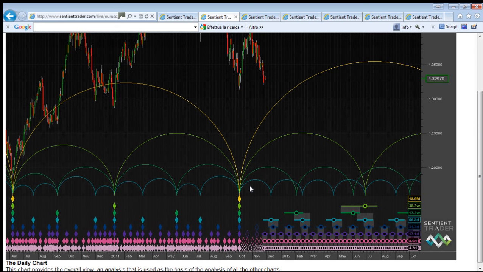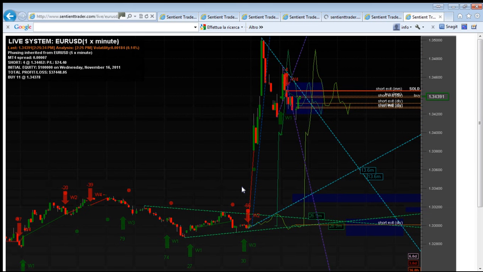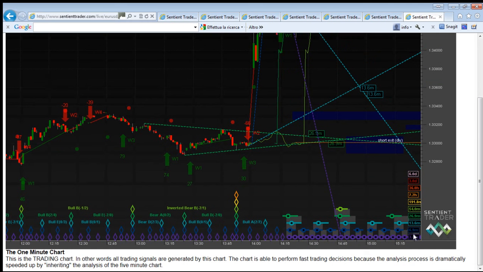But because it is inheriting from this daily chart over here, the software has an awareness, if you can talk about software having an awareness, of cycles going all the way up to 18 months. That is really, really powerful, because when it's performing its analysis down to the 3 minute level of detail, it has an awareness of how long the 18-month cycle is in this data.